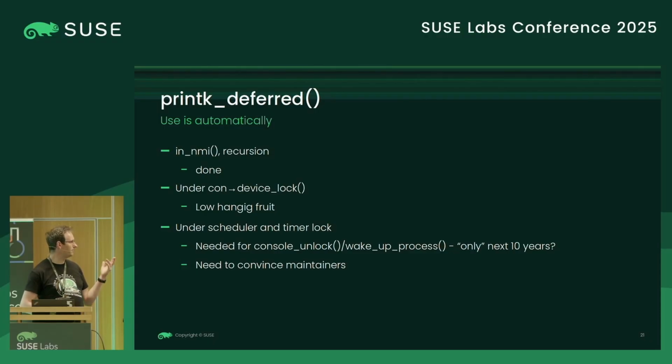But anyway, we eventually might not need this when all the consoles are converted. But my estimation is that it might take another 10 years until all consoles are converted and until we get rid of the legacy loop and console locks. So it would be nice to get rid of this printk_deferred, because we added it when something broke, and people find that this printk can cause deadlock, which is a bad solution.